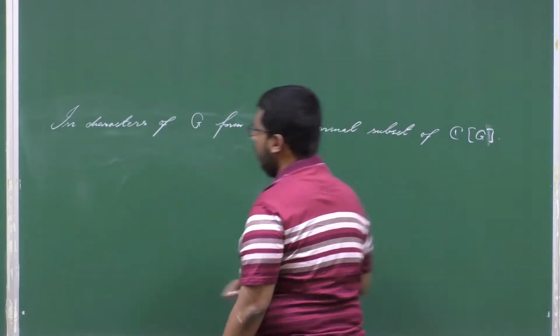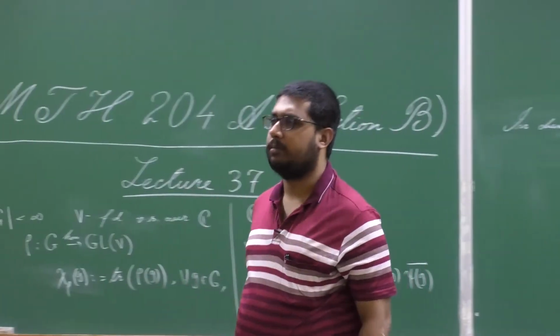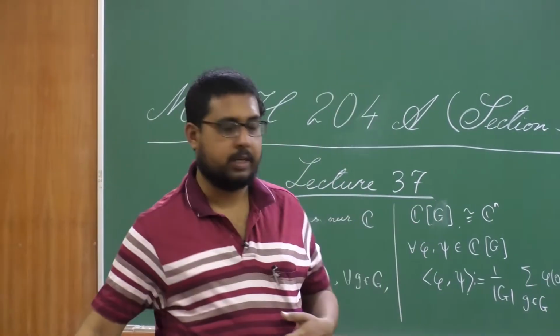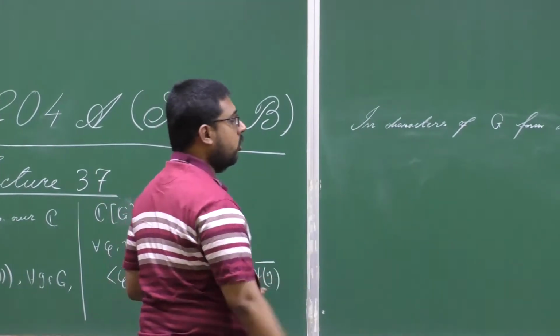Since CG is after all a vector space of dimension n, and in any inner product space any orthonormal set has to be linearly independent as well, in particular any orthogonal set.